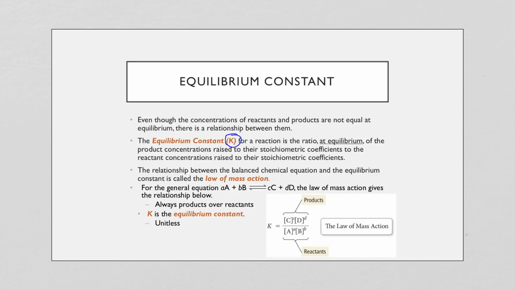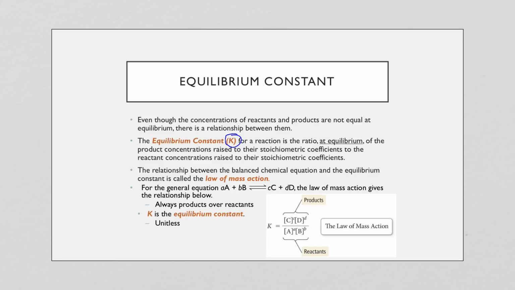It is the ratio at equilibrium of the product concentrations raised to their stoichiometric coefficients over the reactant concentrations raised to their stoichiometric coefficients. This relationship between the balanced chemical equation, where we have those stoichiometric coefficients, and the equilibrium constant is called the law of mass action.